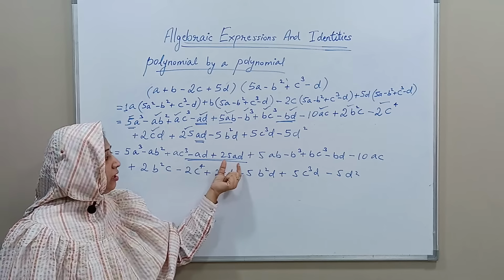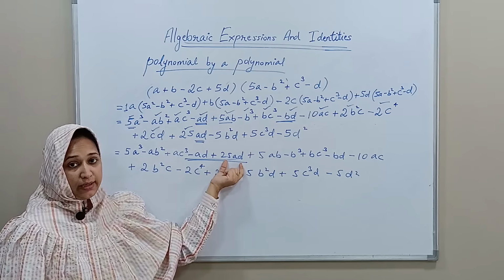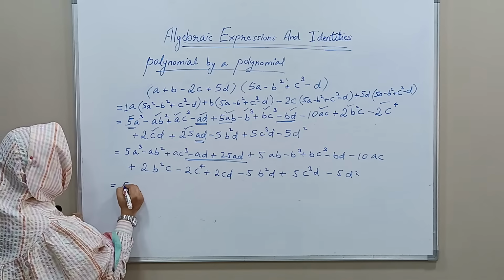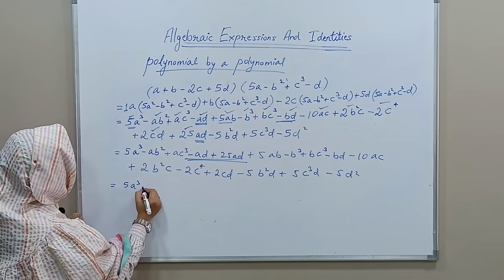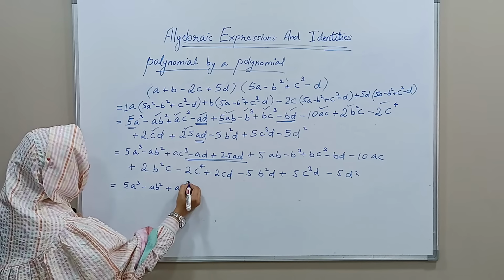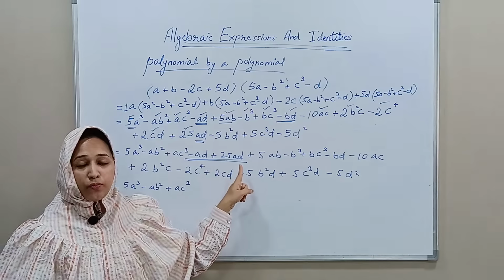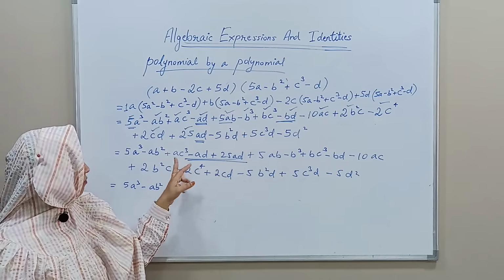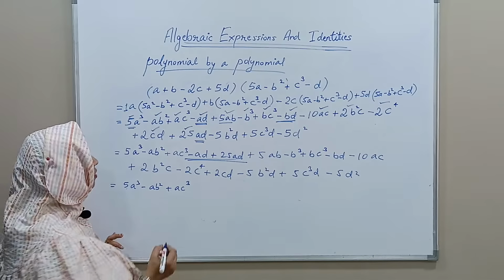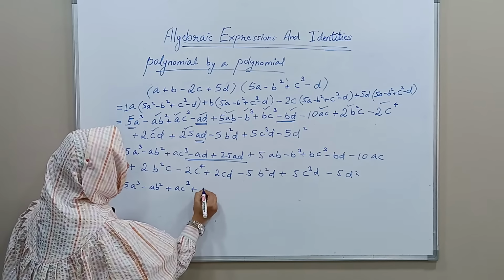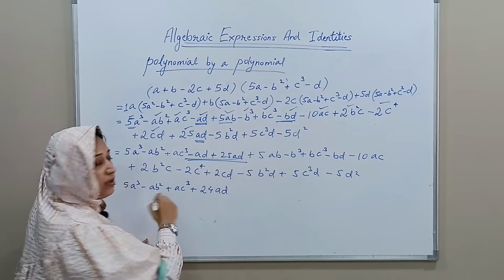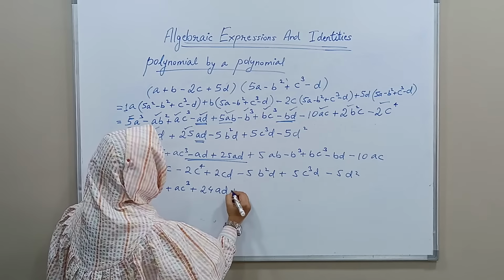Only minus ad plus 25ad are the like terms. To solve them, let us first write down 5a cube minus ab square plus ac cube. Now minus and plus have different signs, so we will subtract them. 25 minus 1 is 24, and the sign of the greater number, so 24ad, and the rest everything will be written as it is because they are all unlike terms.